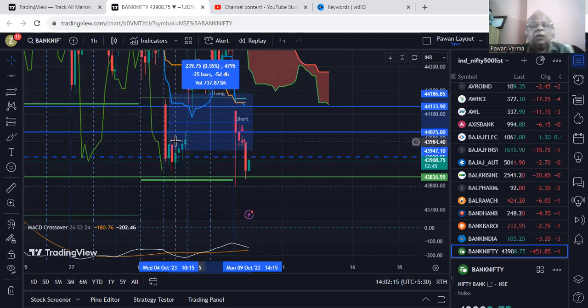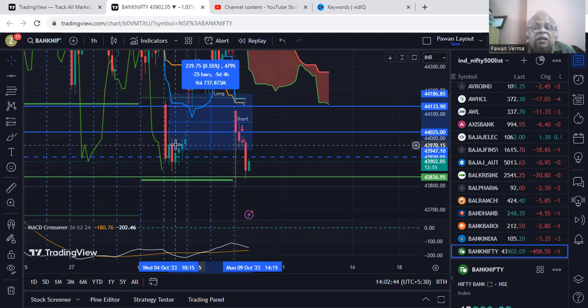So in that case, the upward position of the Chikou span will clearly reflect the bullishness. Okay, friends. So safer players can wait up to the level of 43,970. Unless and until, one should not enter.